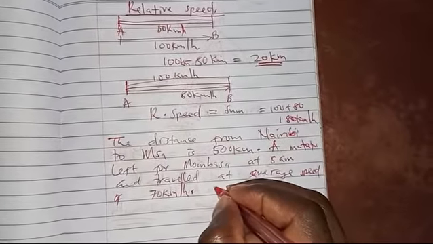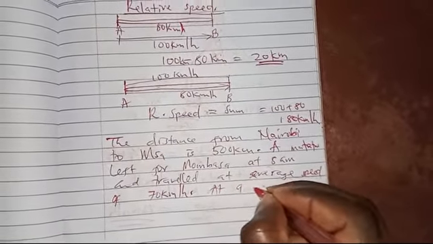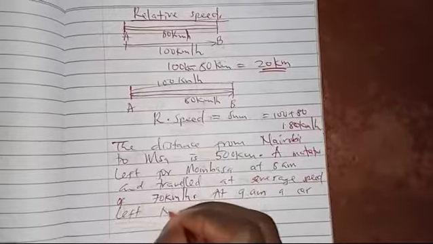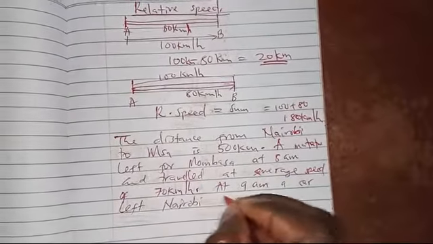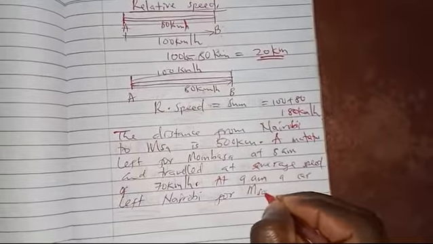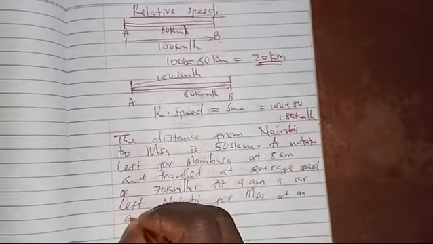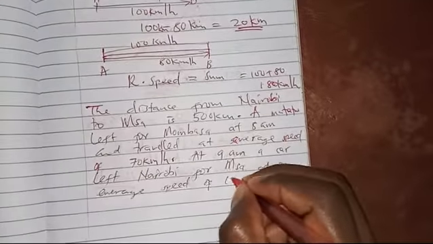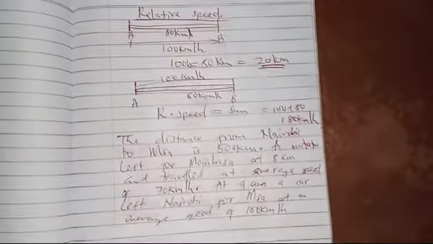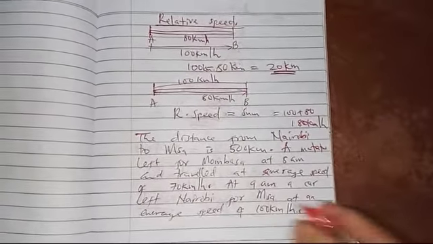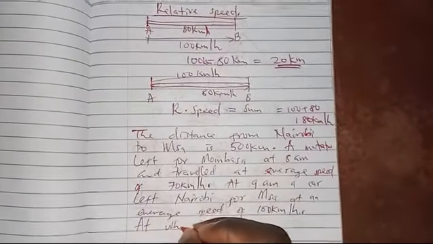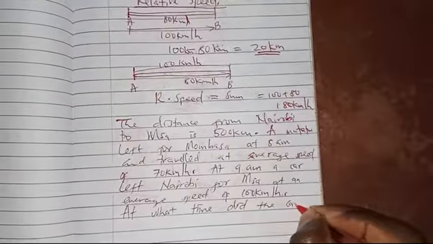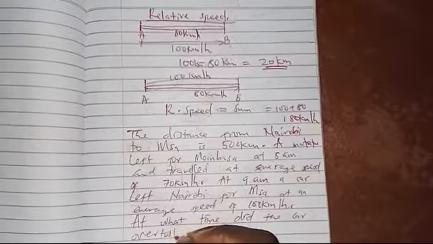At 9 a.m., a car left Nairobi for Mombasa at an average speed of 100 kilometers per hour. Then the question may be, at what time did the car overtake the matatu?